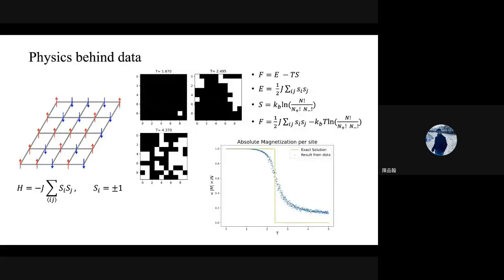The 2D Ising model is a system where spins have 2 directions, up and down, located on the square lattice shown on the left of the screen, which means each site has 4 neighbors with the spin-spin coupling, where our Hamiltonian for this system is minus J times the sum over S_i S_j.